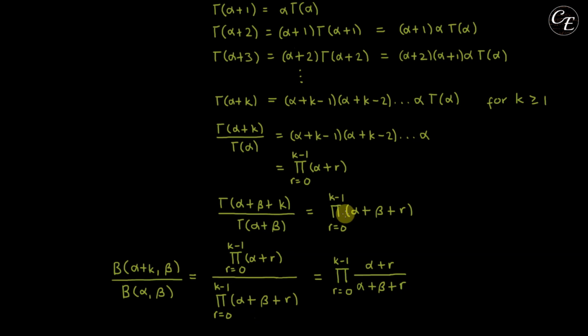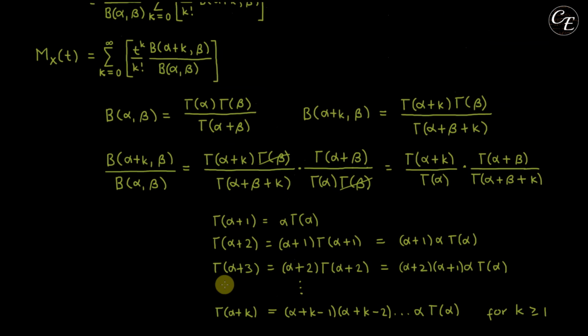Then we have this one from here. Then observe that they have the same limits, so we can combine them together as product of alpha plus r from here over alpha plus beta plus r from here, from r is equal to 0 until k minus 1, which is same with this and this.